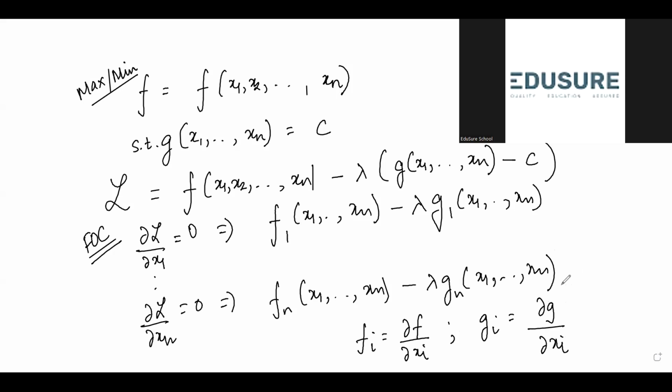Okay, so this is what we have now. Obviously each of them is equal to 0, right?